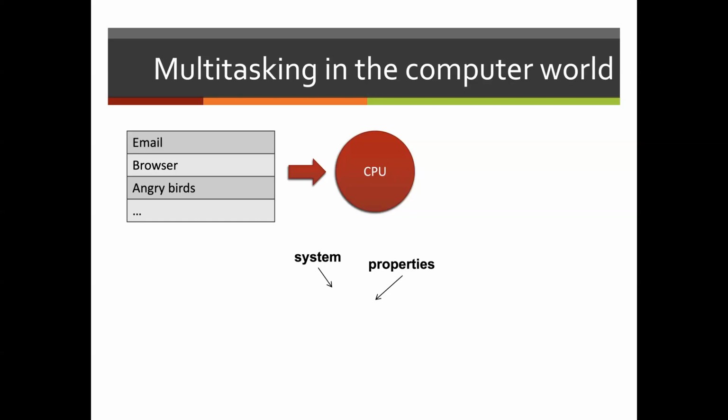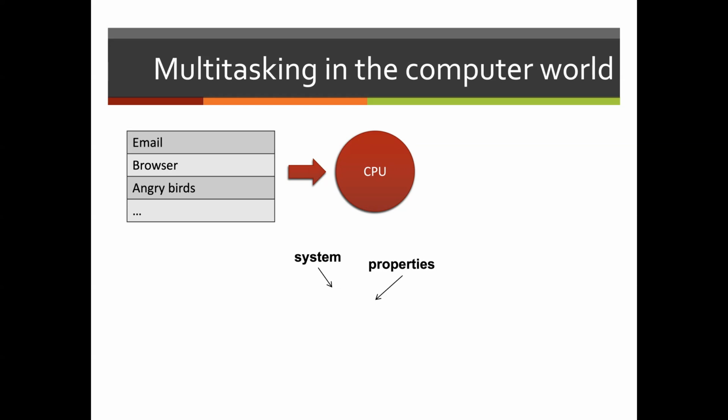And so, in this regard, let's consider what it means to multitask in a computer world. There are various tasks that we're able to do on our systems. And systems can be computers, your tablet, your phone or mobile device. And these different tasks include sending emails, browsing websites, recreational activities, playing games, Facebook or Snapchat or Instagram.